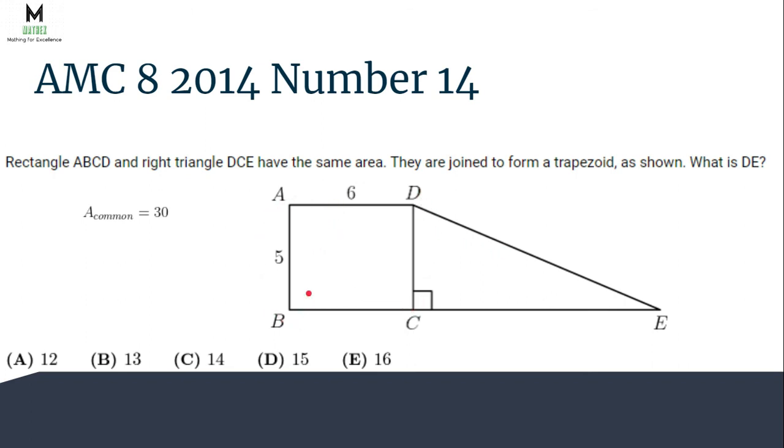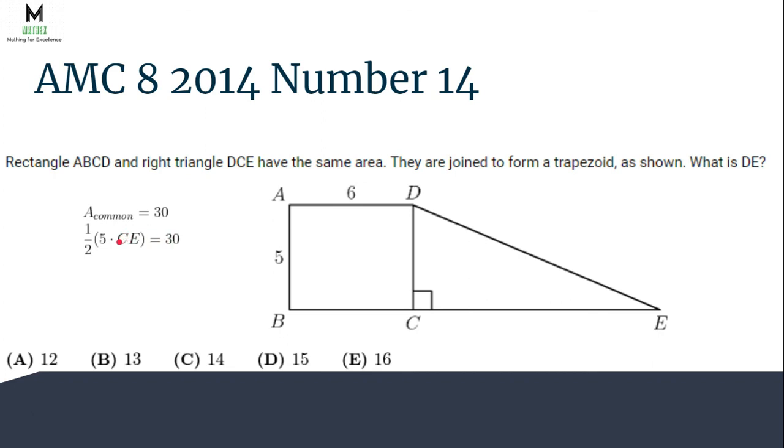But here's the thing, we also know a length of DC. Since this is a rectangle, AB and DC both share the same side length. So if AB is 5, DC is also 5. And this means by using the simple base times height over 2 formula to get the area, we already know the height and we already know the area. So we can set up an algebraic equation to solve for the base: 1/2 times CE times 5 is equal to 30.